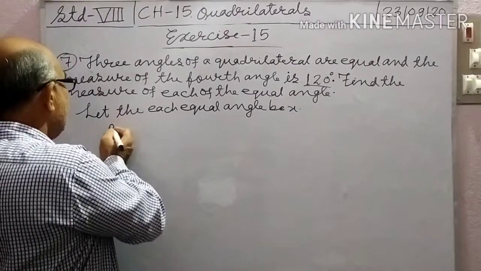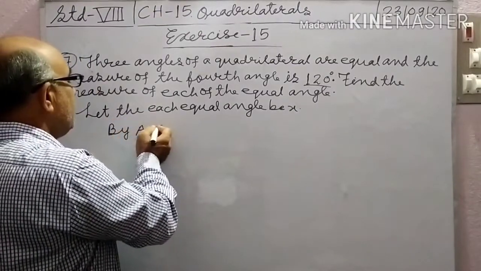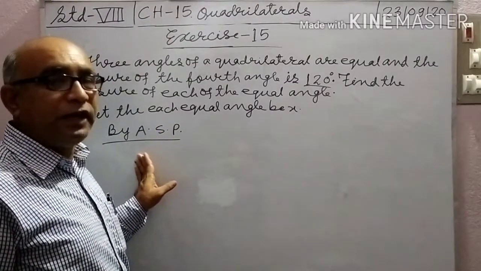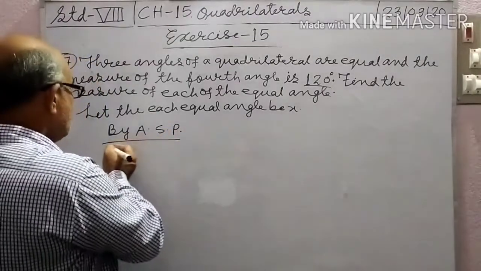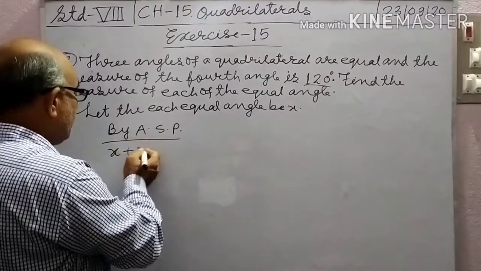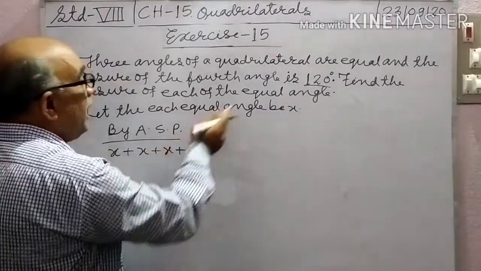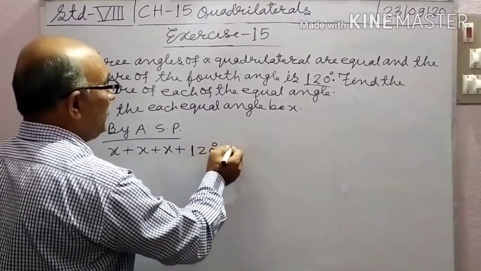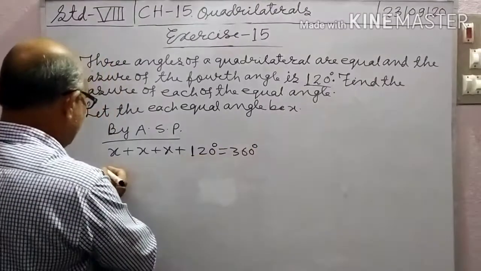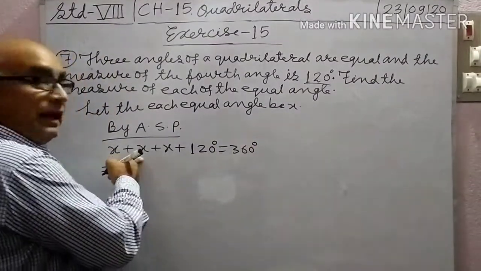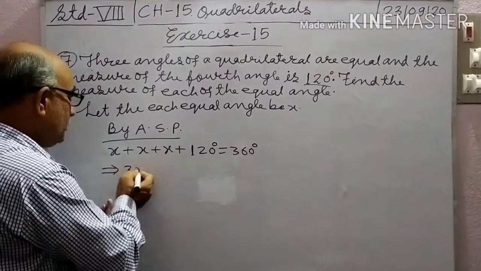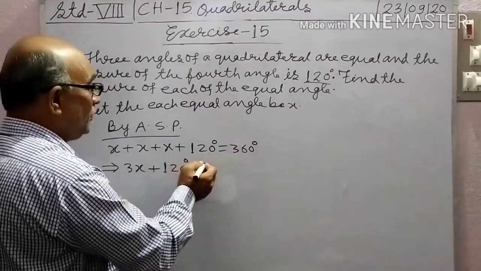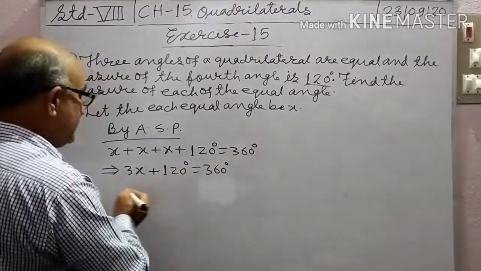So by angle sum property, ASP, the sum of the angles of a quadrilateral is 360 degree. So each equal angle x plus x plus x, and the fourth angle is 120 degree, equal to 360 degree. That implies x plus x plus x equal to 3x plus 120 degree equal to 360 degree.